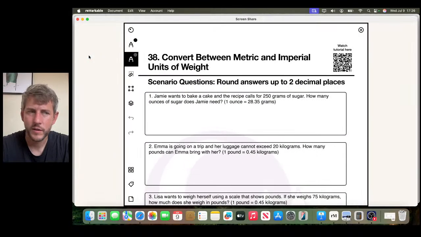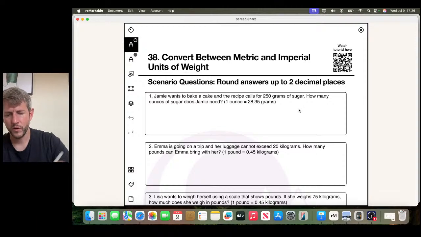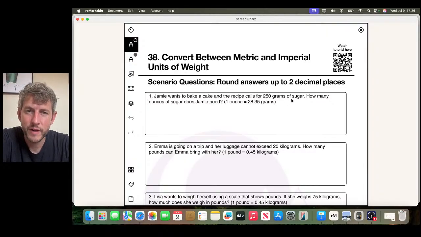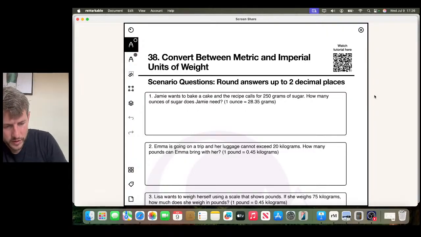Okay, so full screen. Right, I've got to read these carefully. Jamie wants to bake, 2 decimal places here again for this one. Jamie wants to bake a cake and the recipe calls for 250 grams of sugar. How many ounces of sugar does Jamie need? Okay, so we want this to be 250.